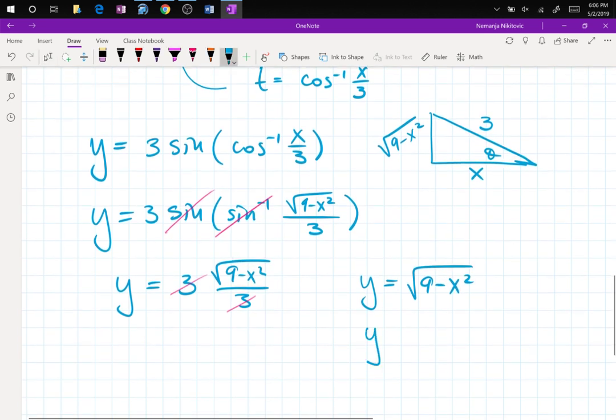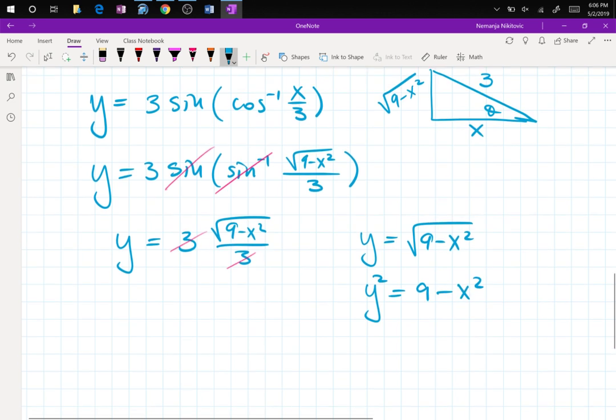Square both sides. y squared is equal to 9 minus x squared, and move x squared to the left, and there it is. It's a circle. Do a little bit of this mathematical gymnastics, and you got your equation for the circle.